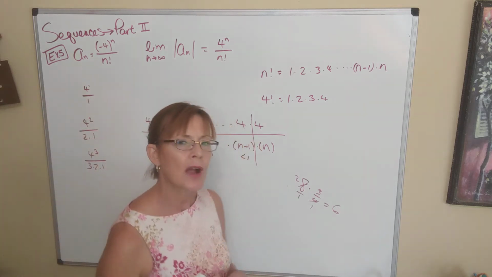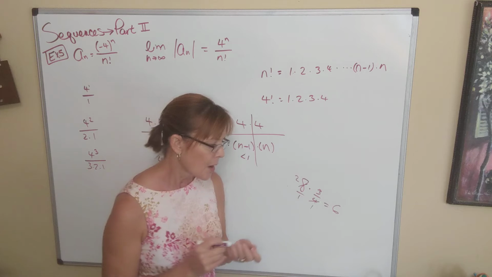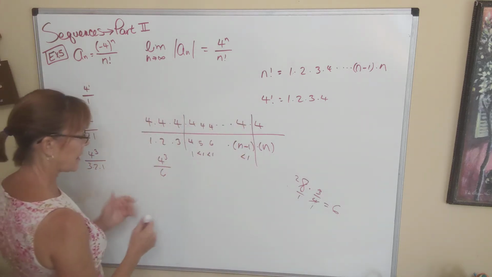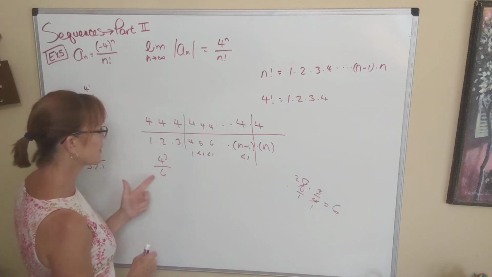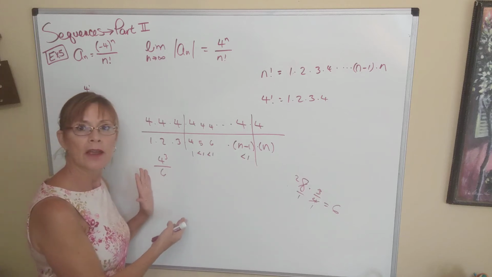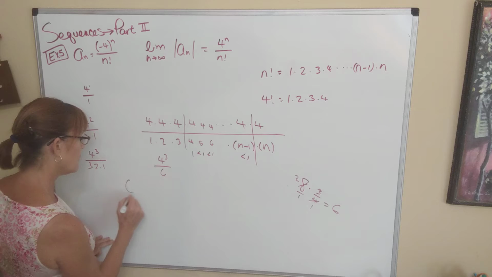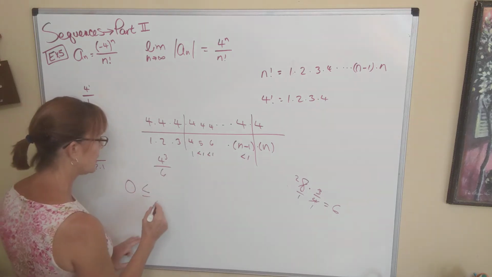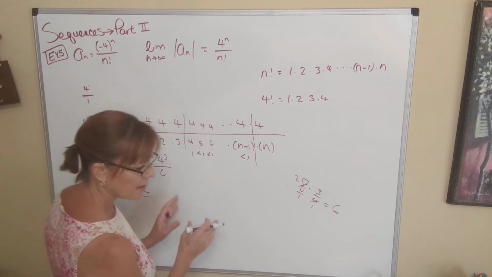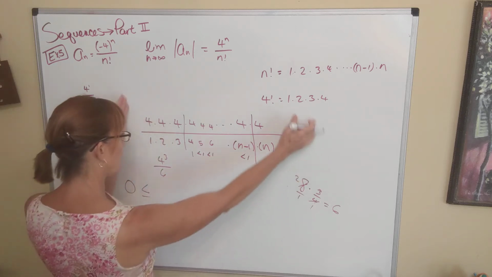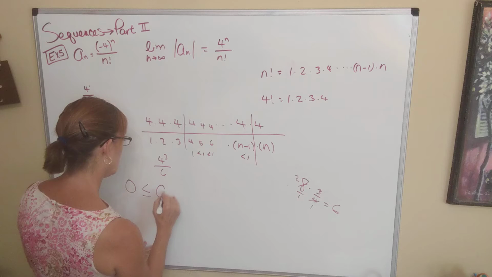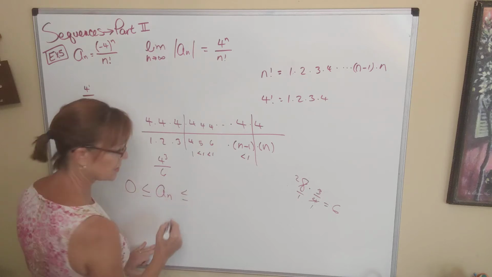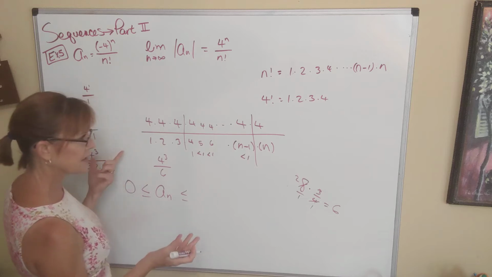So what we're going to do here is the squeeze theorem. Look at these values here. 4 cubed over 6 is definitely bigger than 0, right? So I can say 0 is less than or equal to a sub n, this whole term is a sub n. But this is going to be less than or equal to the biggest value that we can have here.